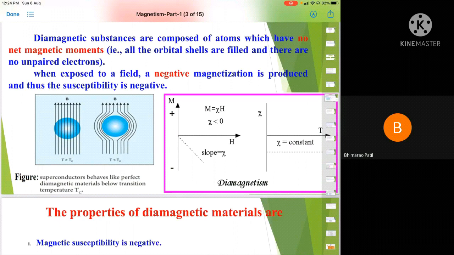When such a substance is kept in an applied magnetic field, it repels the applied magnetic field, as shown in the first figure.